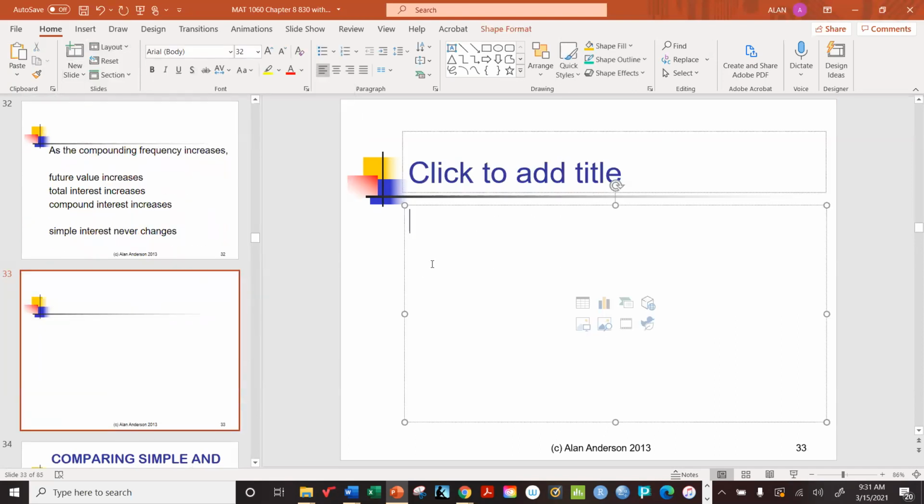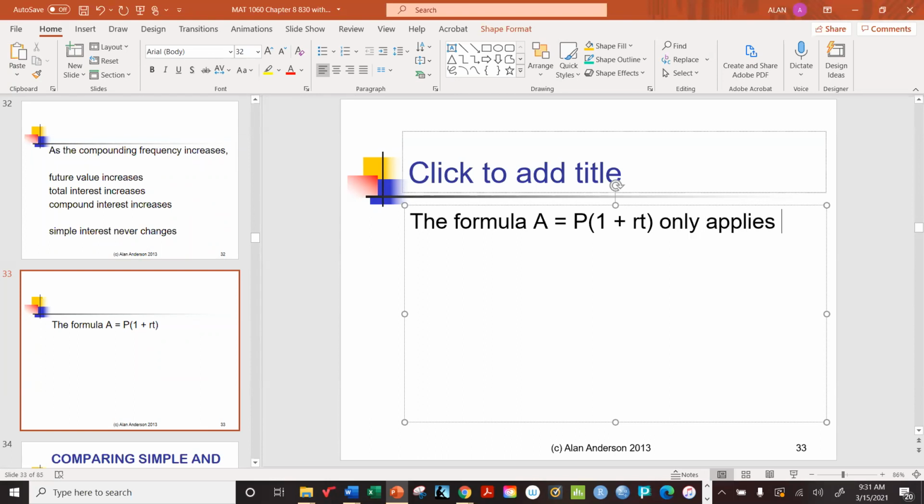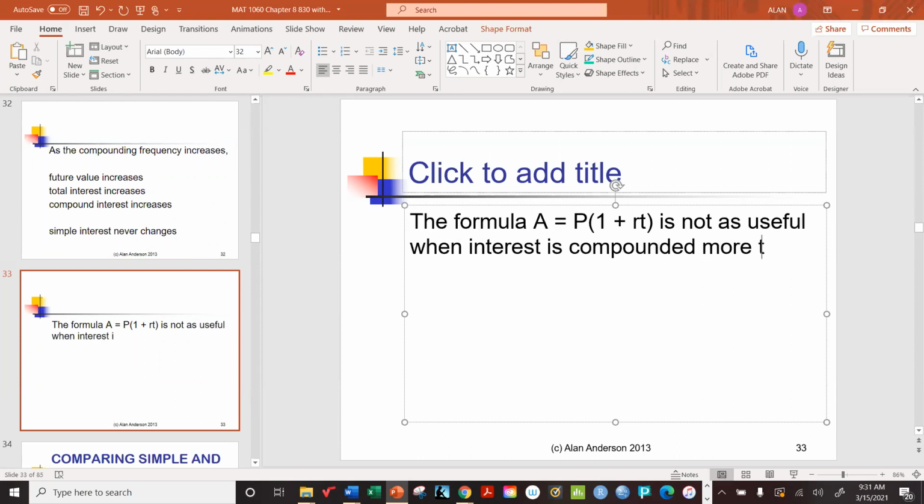The formula A equals P times 1 plus RT is not as useful when interest is compounded more than once a year, because we have to keep using it for every period.